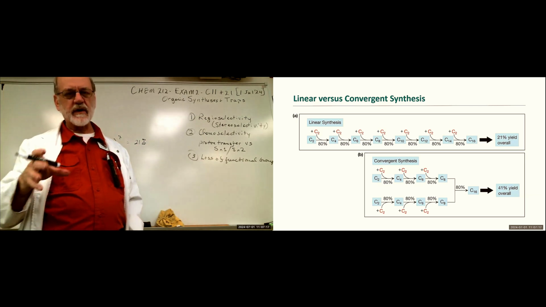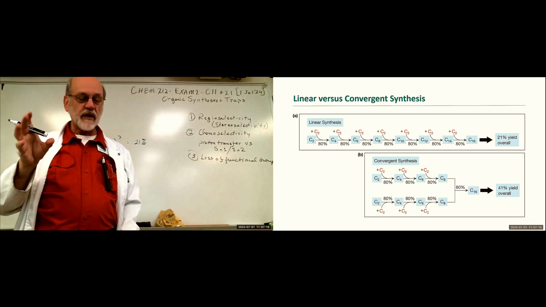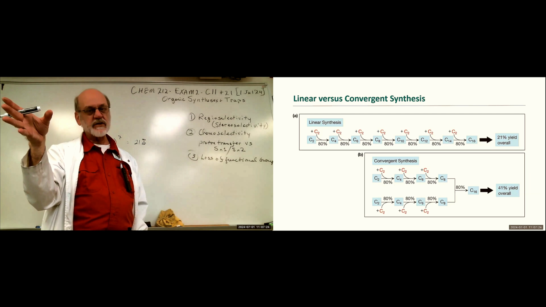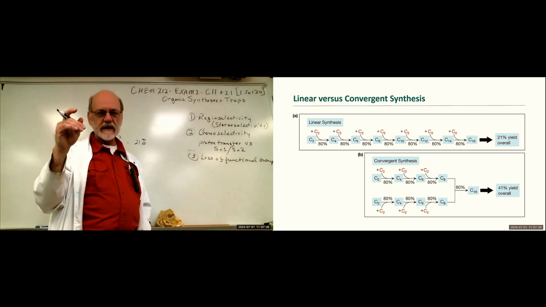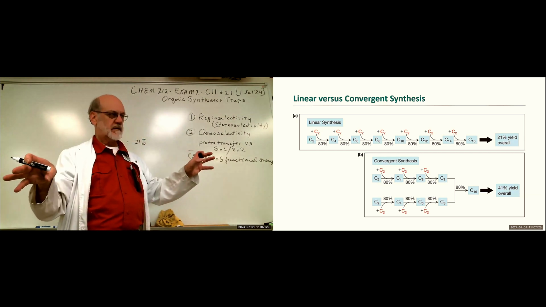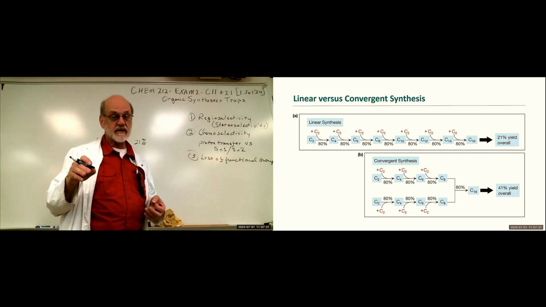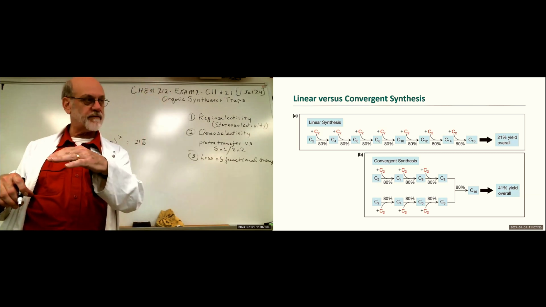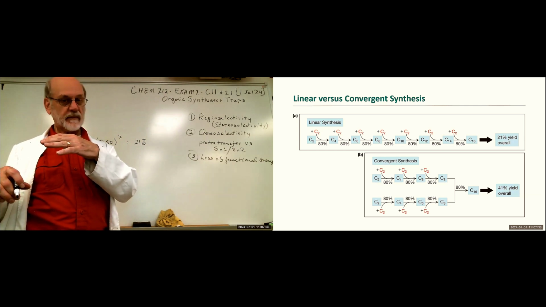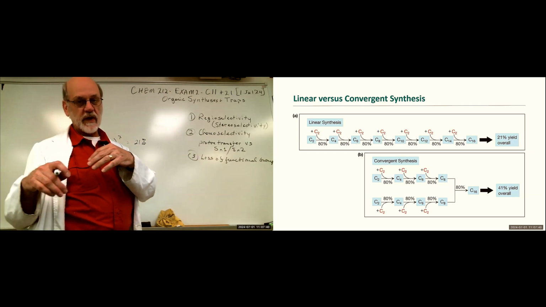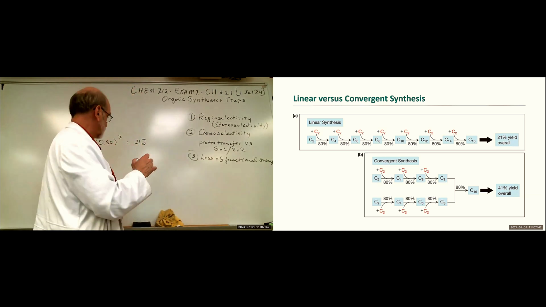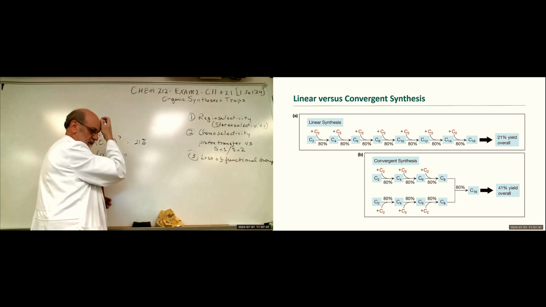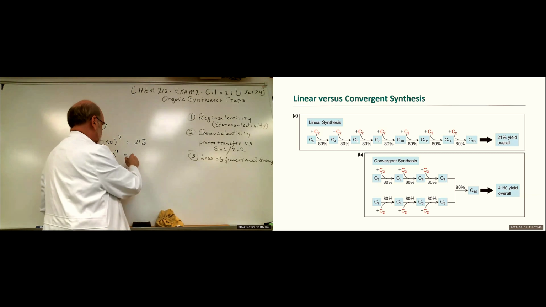In the bottom one, we have a convergent synthesis. So if all the steps are the same efficiency, then you only need to take the longest chain out of all of it. In this case, we're converging 3 steps with 3 steps into a final step. Okay, so we have 4 steps at 80%. And that's 41%.